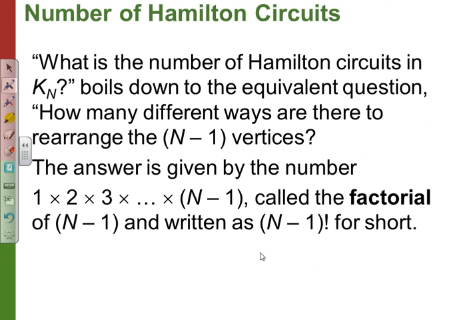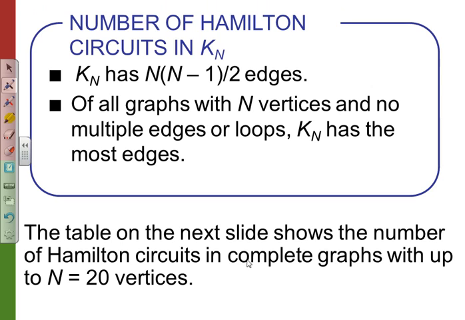The number of Hamilton circuits is going to be n minus 1 factorial. Do you each have a calculator with a factorial key on it? Sure. Yeah, so if you do, then that's okay. So the number of Hamilton circuits is (n minus 1) factorial, and the number of edges is n times (n minus 1) divided by 2, with n vertices and no multiple loops.